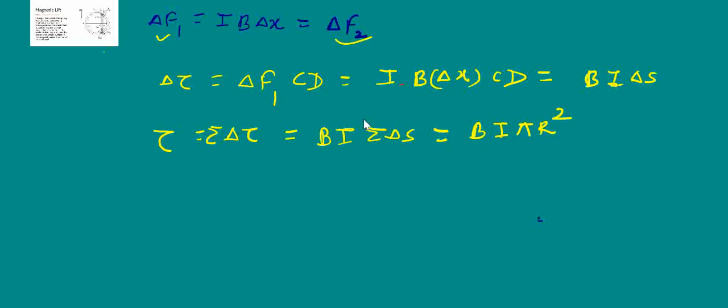So this is the net torque acting on the ring due to magnetic forces, and this is created by force couples. And this torque tries to turn the ring around the horizontal axis AB. But now focus your attention on other things.